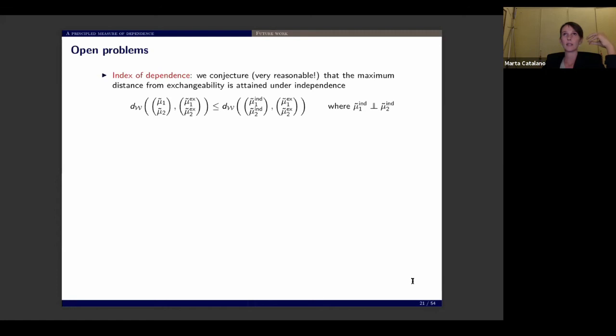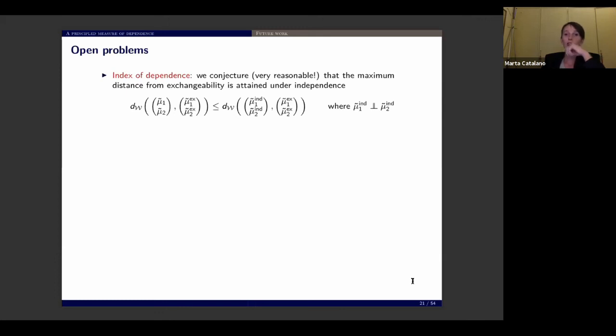But exchangeability is only one extreme situation, the other one being independence. So we would like a measure of dependence to also give us some information on how close we are to independence. And we are thinking of doing that in this way.